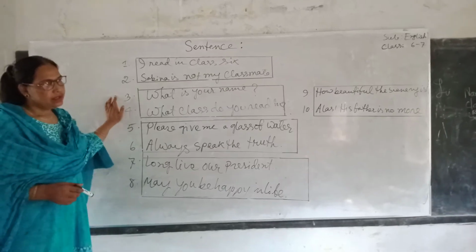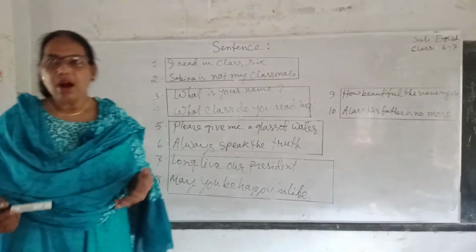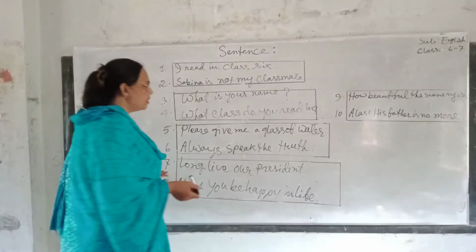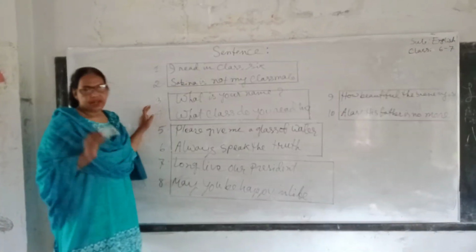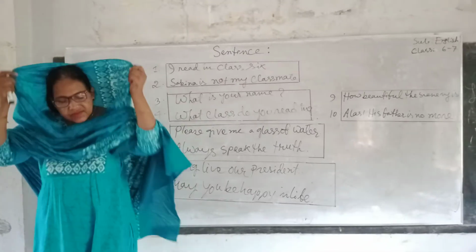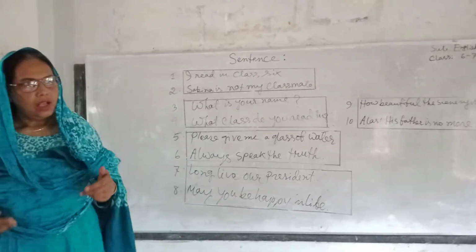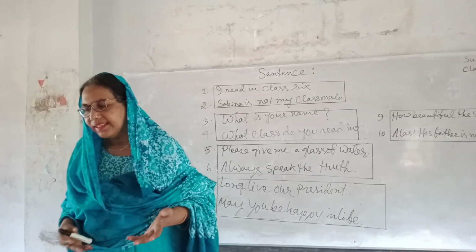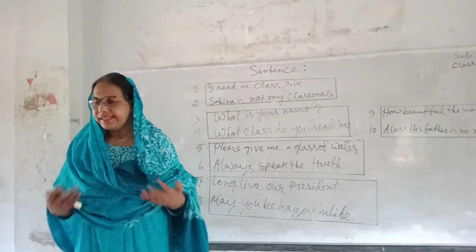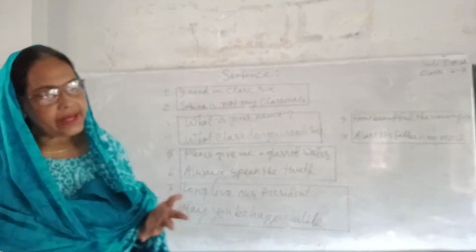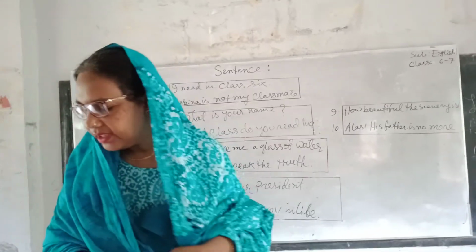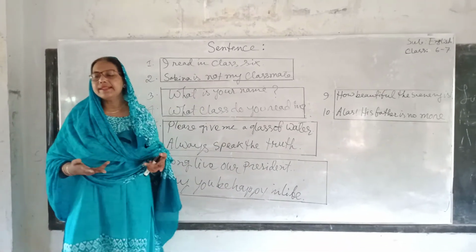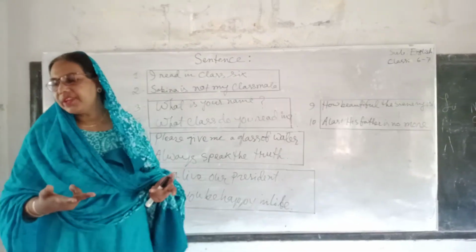Dear student, can you give any definition of an interrogative sentence? Okay, I would like to help you. An interrogative sentence is a sentence that asks any kind of question.